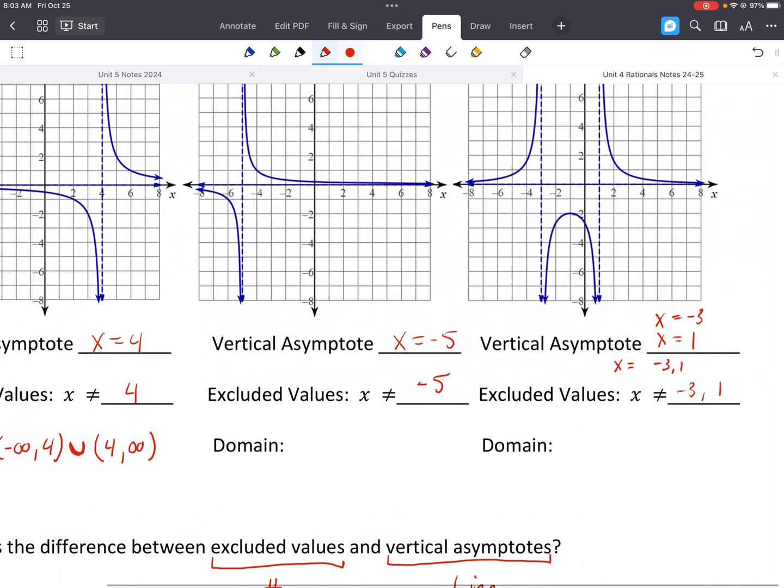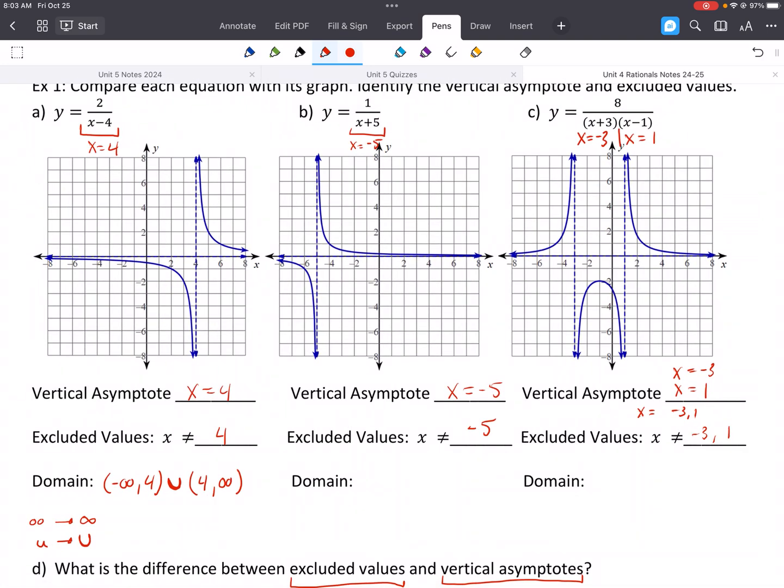All right, domain for B, we would have -infinity to -5, and then U, and then -5 to infinity. And then domain here. So this one you have to start looking a little more carefully. When we write the domain, it has to go from lowest to highest.